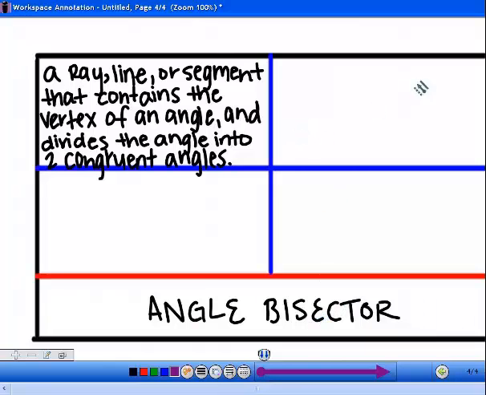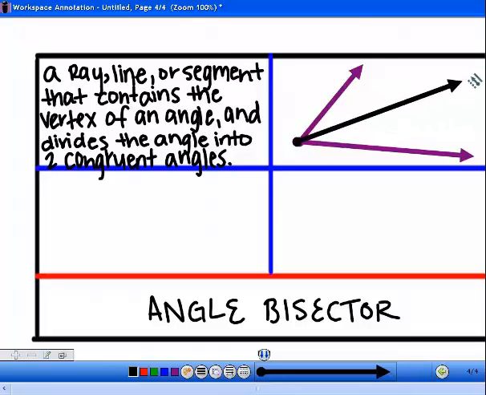So if it's an angle bisector, it's cutting an angle in half. So if we have an angle made up of these 2 rays, and in comes a third ray with a common endpoint, so it has to go through the vertex, and it divides this angle equally, and you would have to see it marked to know that they are equal.